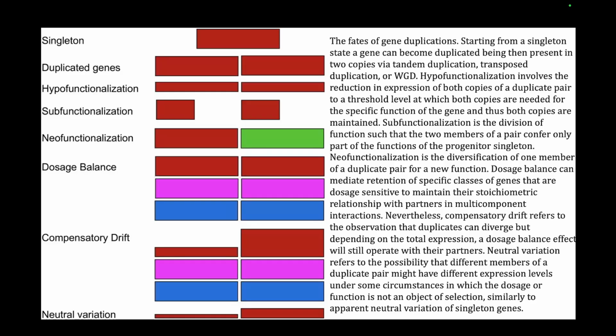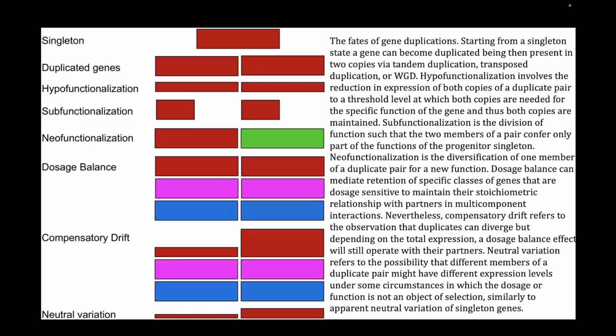Since the protein has a lot of subunits, let's assume histone has 8 subunits. Half of the subunits would be produced by one copy, and the other half will be produced by the other copy. So that is what subfunctionalization is.